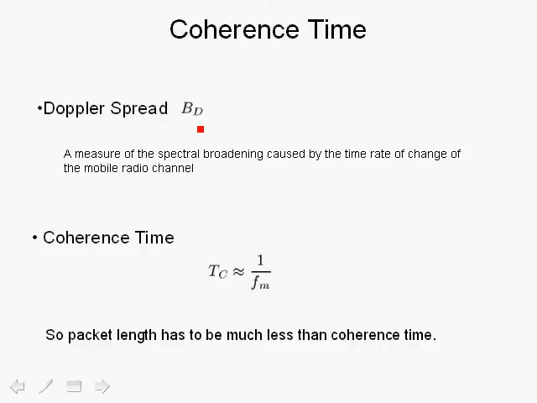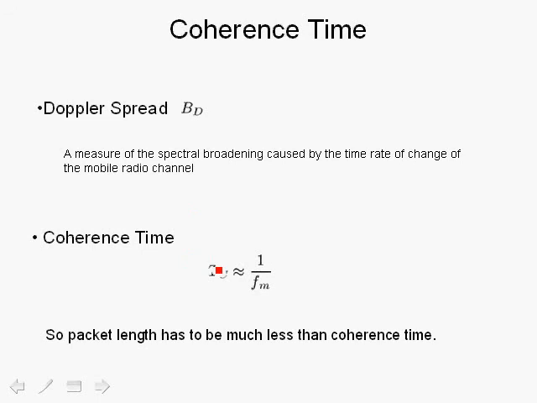We've mentioned coherence time, but it's a very important parameter in dealing with mobile communications. We saw that due to Doppler shift in a mobile communication environment where the mobile is moving at a high velocity, you will get a Doppler spread, B sub d, which ranges from minus f sub m to plus f sub m, where f sub m was the Doppler shift.